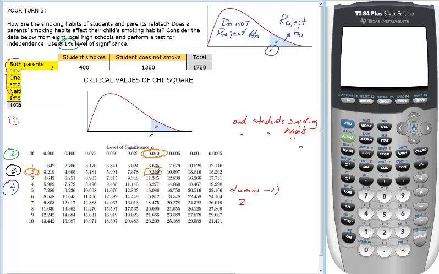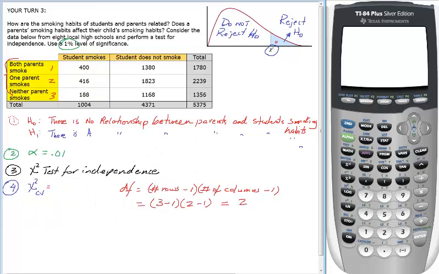Let me make sure I got that right: going down the column, across with 2, yes, 9.210. So that's our critical value for chi-square, this value right here, 9.210 on our chart.